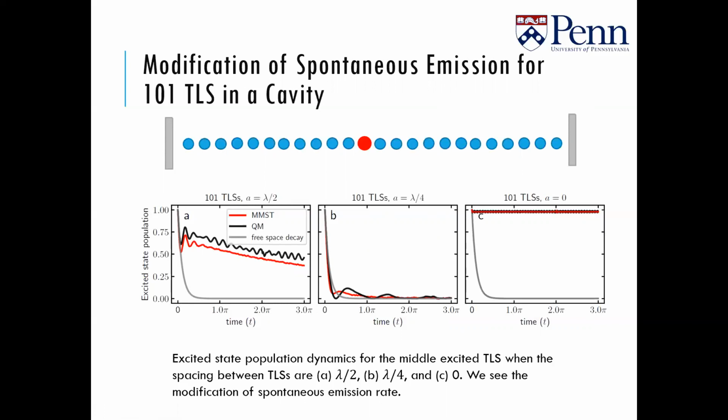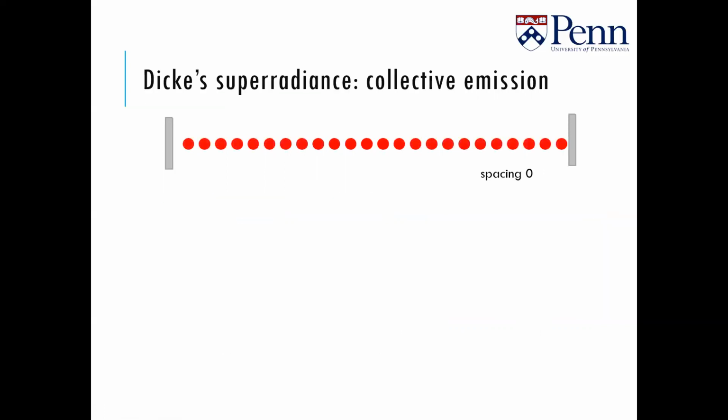Now let's do something more challenging. Let's consider the scenario where we have a lot of two-level systems excited and the separation between different two-level systems is very small compared with the wavelength of the emitted field. So basically the separation between different two-level systems is almost zero.